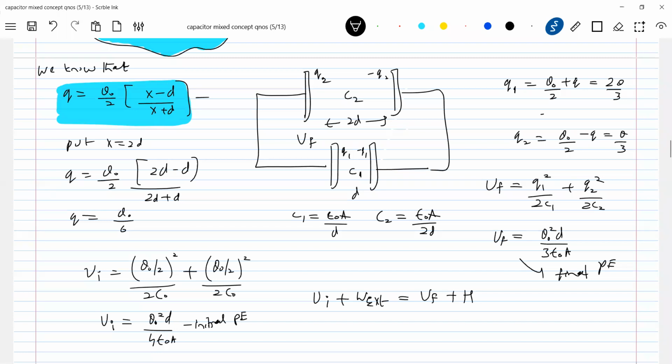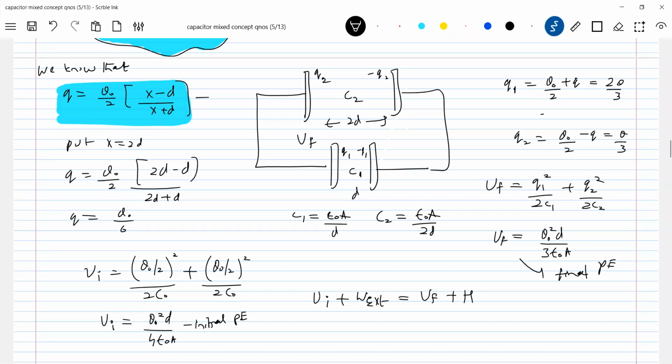Even if the cell is there, you add that work done by cell on the LHS, don't do anything on the RHS. Books write work done by exchange agent equal to delta U plus H, sometimes with negative or positive signs. It's a generalized thing, whatever the type of numerical, just put that one.